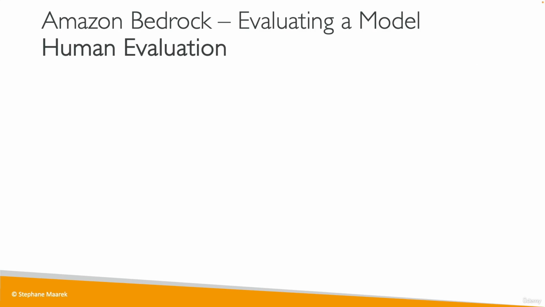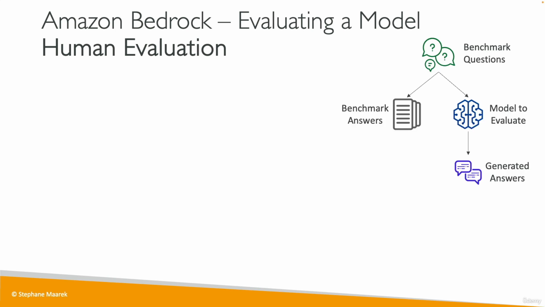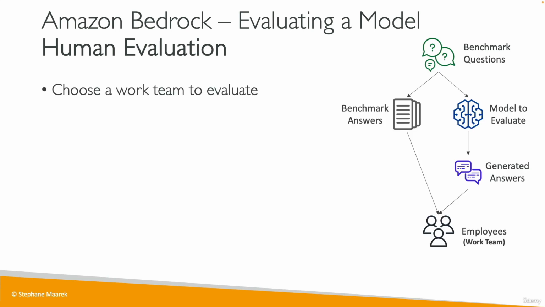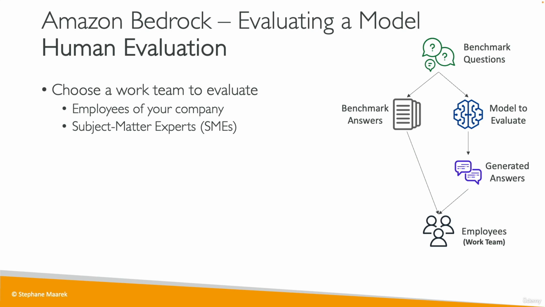Of course, you can also do human evaluation. So this is the exact same idea. We have benchmark questions and benchmark answers, but then some humans, for example employees from the work team, could be employees of your company, or it could be subject matter experts or SMEs or whatever, are going to look at the benchmark answers and the generated answers, and they're going to say, okay, this looks correct or not correct.